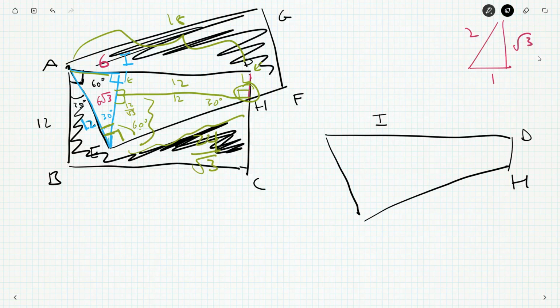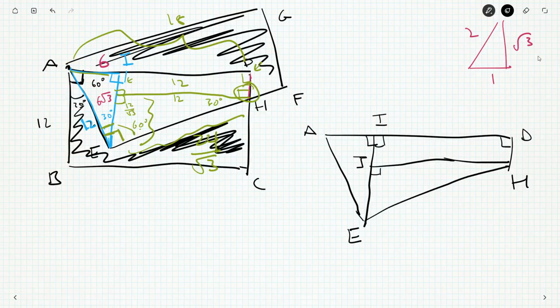HD, I guess we called him I. We might call that in here J. A, E. So I've got two right-angled triangles, and I know their various lengths. 6 and 6 root 3 here.